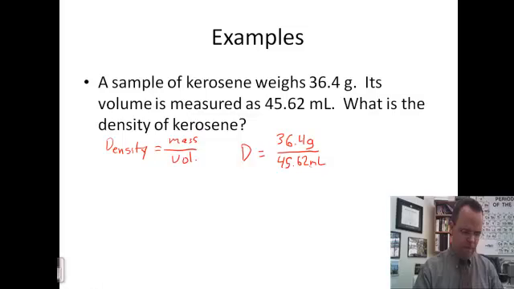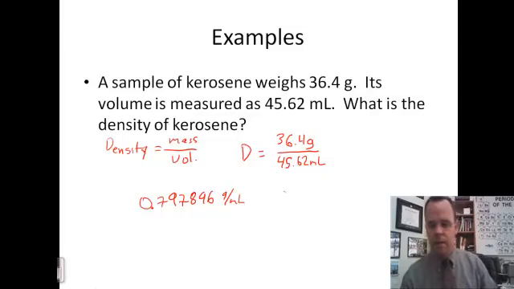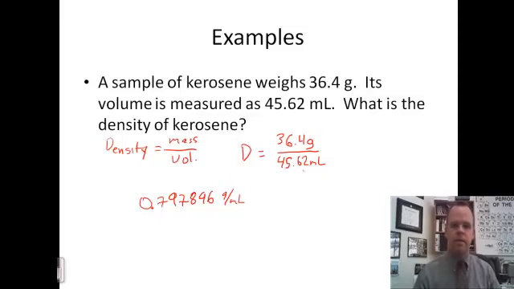So 36.4 divided by 45.62. That gives us an answer in our calculator of 0.797896 grams per milliliter. Now we know significant figures are important, so we do need to round to the correct number of significant figures.